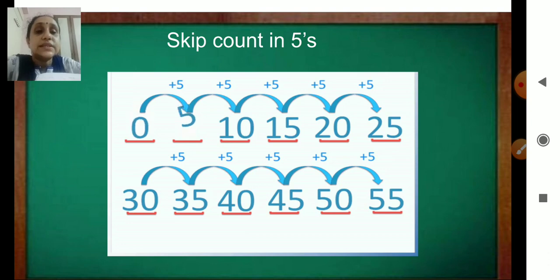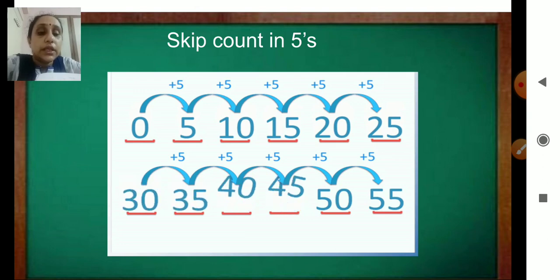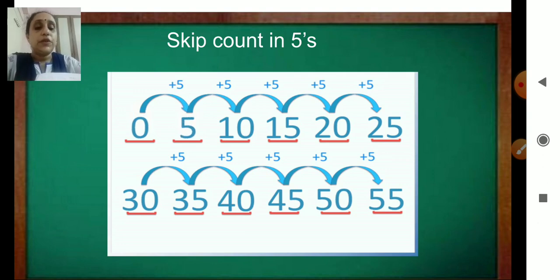Now skip count in fives. Start from 0, 0, 5, 10, 15, 20, 25, 30, 35, 40, 45, 50, 55.